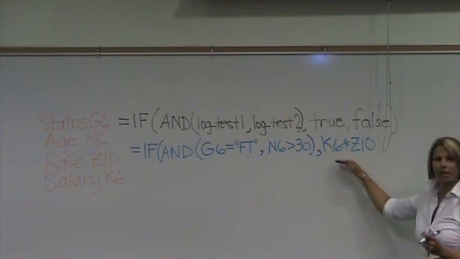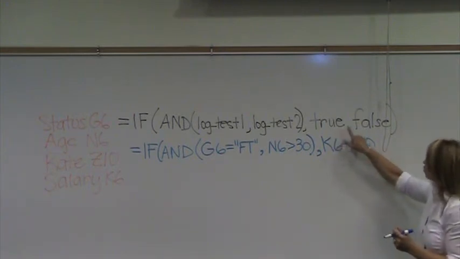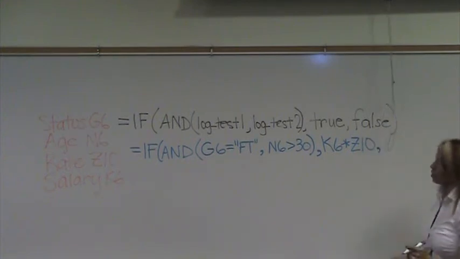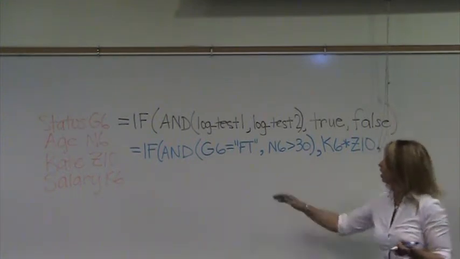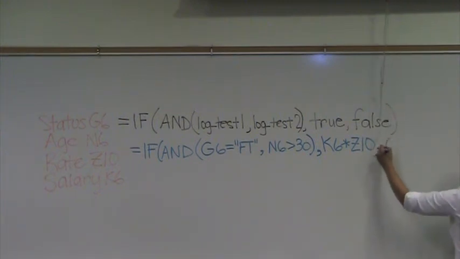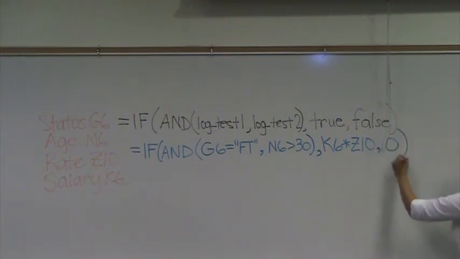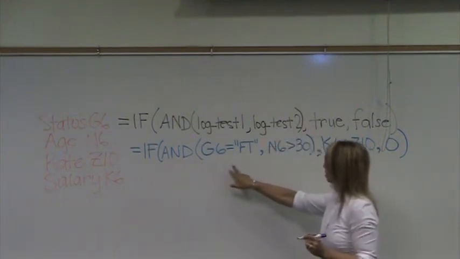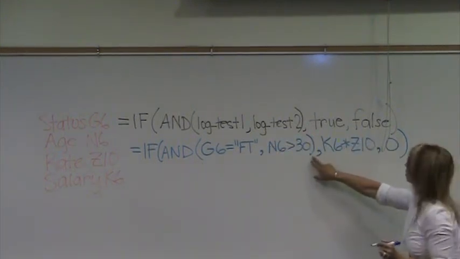That's what they get if it's true. Now we put in our comma, and we're moving to the false value. What do they get if that's false? What if they are not full-time or over 30? 0. That's our false value. And then we close our parenthesis. We have 1 open parenthesis, 2 open parentheses, 1 closed, 2 closed.